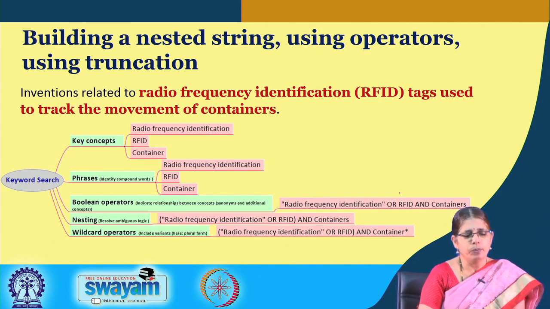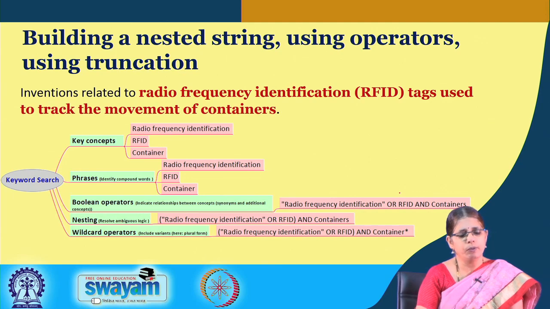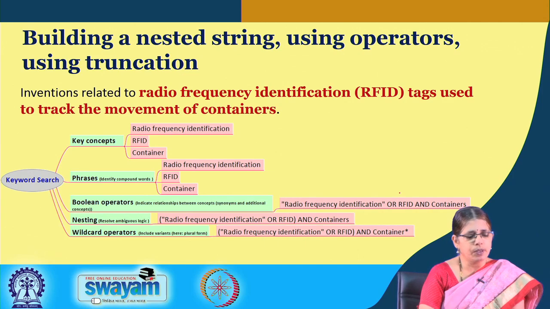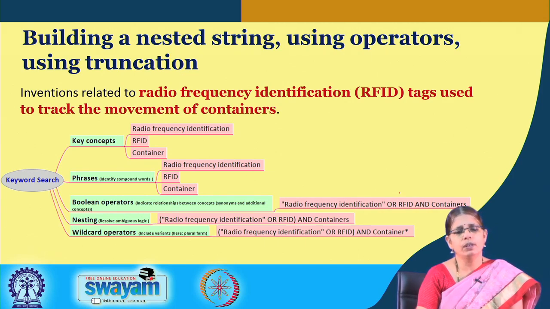This is one example to indicate how one can efficiently use the different strings and operators. For instance, if you are looking at inventions relating to radio frequency identification tags, which are used for tracking movement of containers, and you were to use a keyword search, what are the key concepts one would consider?